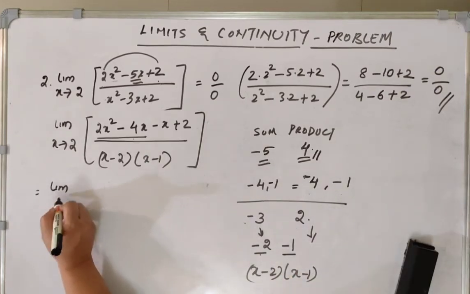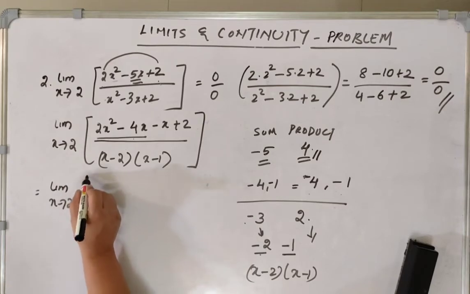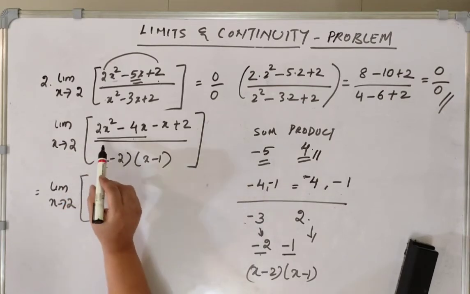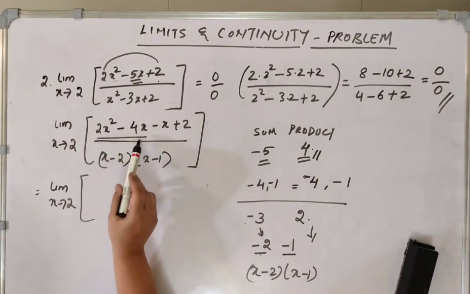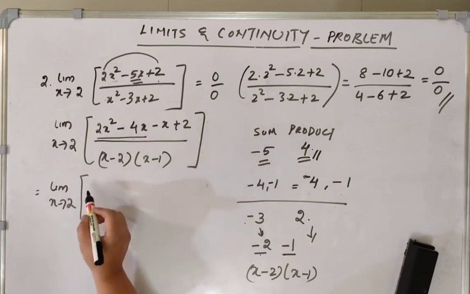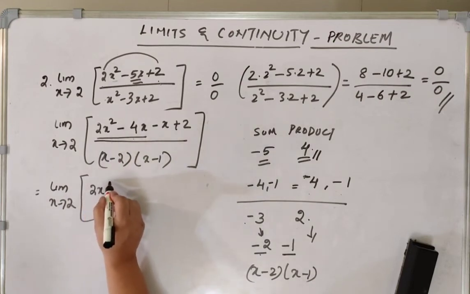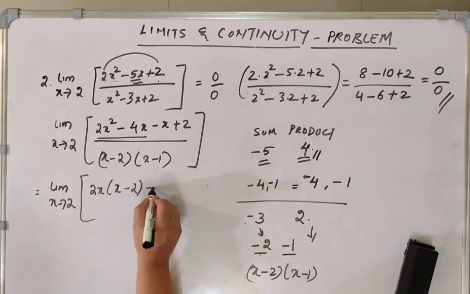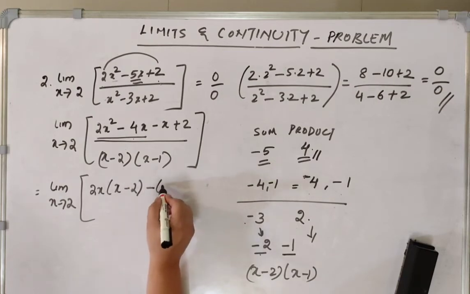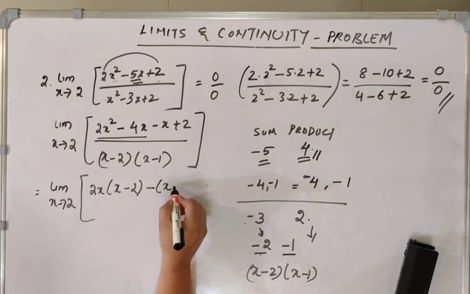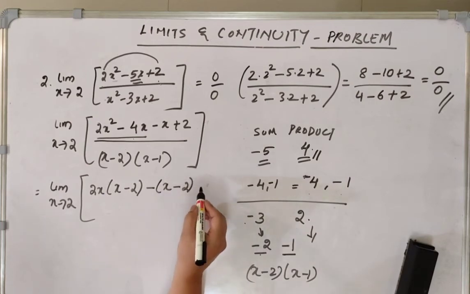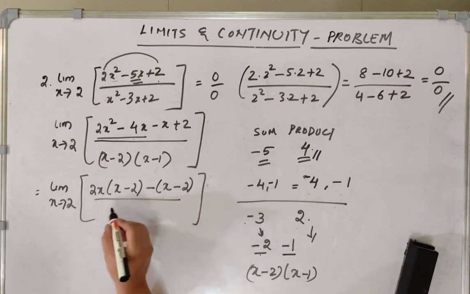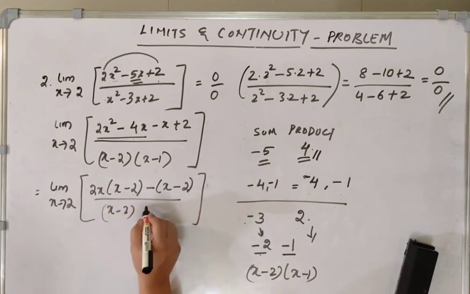So we get limit x tending to 2. Let's take the common between these two values. Common is 2x. So we get x minus 2. And here again we can take minus as common. So we'll get x minus 2, x minus 2 into x minus 1.